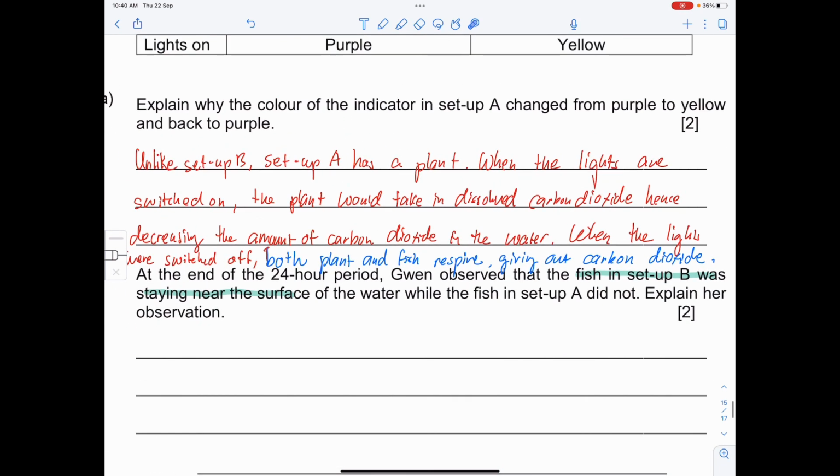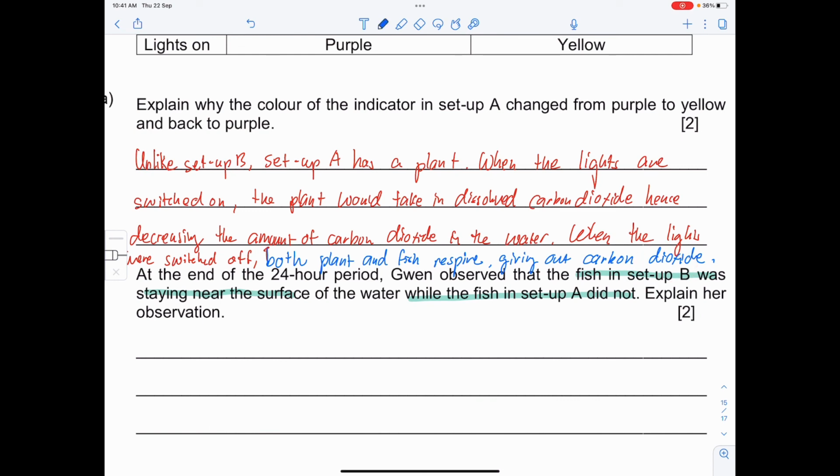Okay? So they ask you to explain. So you must talk about both. You can choose to talk about A or B first. I will follow the sequence. They talk about B, so I will talk about B.